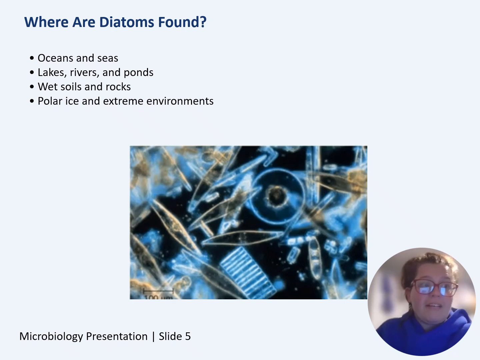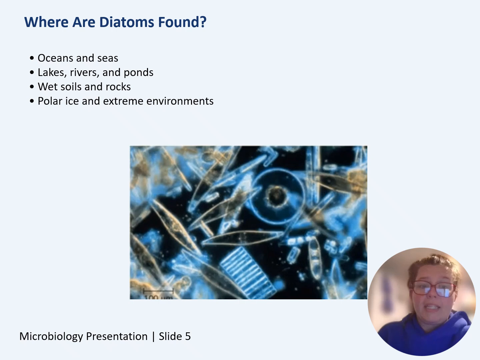Diatoms are found in nearly every environment where water exists. They inhabit oceans, lakes, rivers, streams, wetlands and ponds. Some float freely in the water as plankton, while others attach themselves to rocks, plants and sediments.